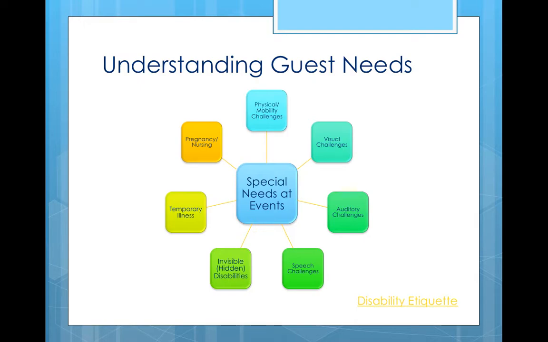You might have guests with auditory or speech challenges. You might have guests with invisible or hidden disabilities, and this one can be a challenge because there are many people out there that are suffering with some sort of a disability that is not immediately visible to you as the event organizer or to other guests at your event.